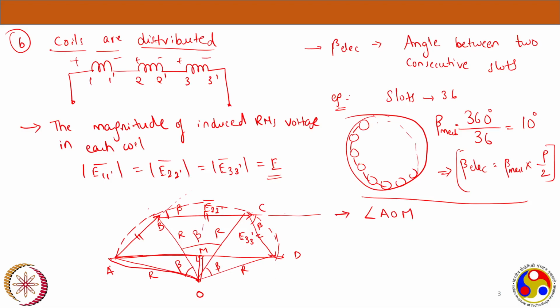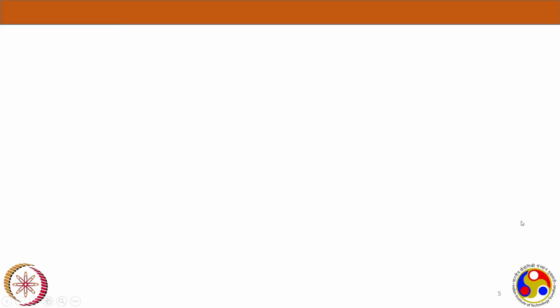This is beta and this is beta, so this will be beta by 2. This angle and this angle, beta. Now angle AOM will be beta plus beta by 2, that is 3 beta by 2. I'm just trying to calculate my resultant in terms of radius r.